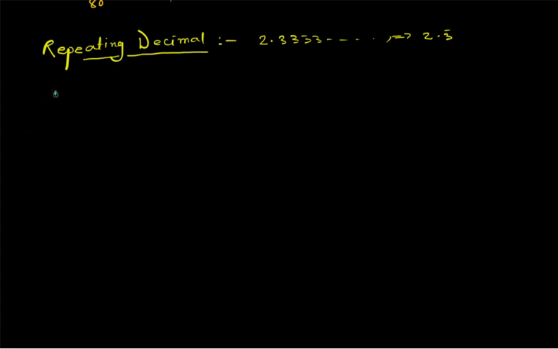I'll be doing the sums for three numbers. It will be 0.3 bar, the second one will be 2.23 bar, and the third one will be 0.14 bar.